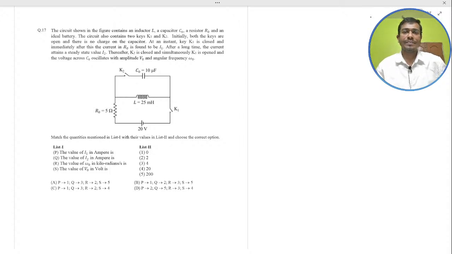After a long time, the current attains a steady state value I2. Then K2 is closed and simultaneously K1 is opened, and the voltage across C0 oscillates with an amplitude V0 and angular frequency omega naught. Match the quantities mentioned in List 1 and List 2. Choose the correct option.